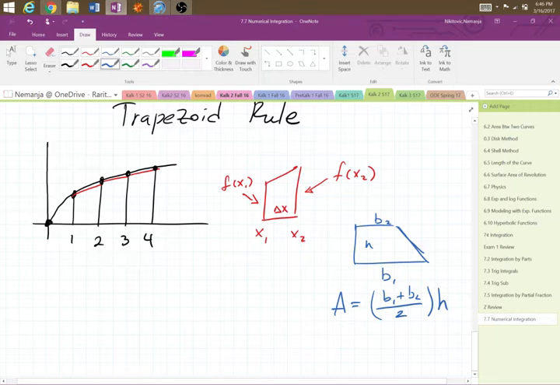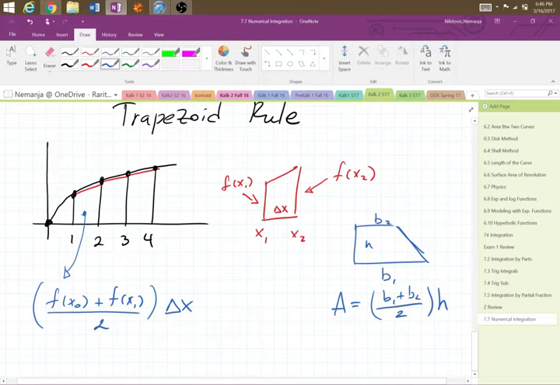So the area of the single trapezoid here is going to be f of x0 plus f of x1 divided by 2. Right, that's the average for those, and then times delta x, which is the height.